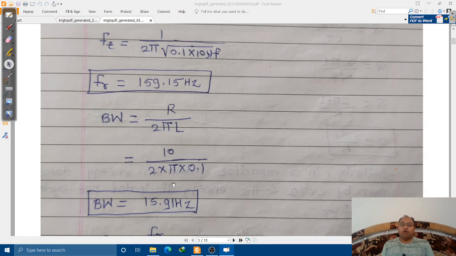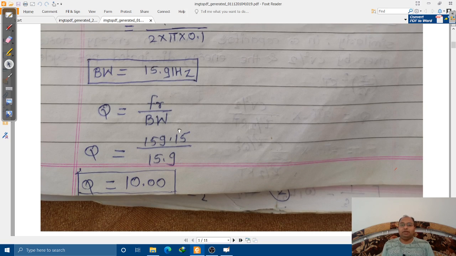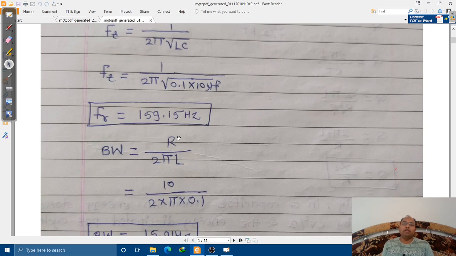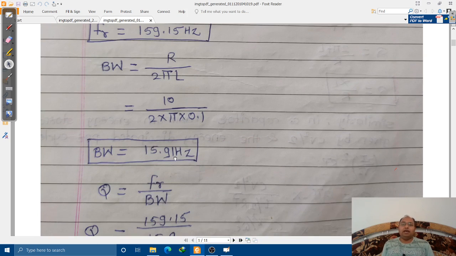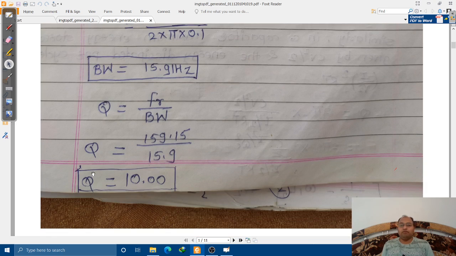Right now we have computed FR and bandwidth. Now let us take the ratio of these two, then we can get the value of quality factor Q. Q is equal to FR upon bandwidth. FR is 159.15 Hertz and bandwidth is 15.91 Hertz. If I take the ratio, I will get the value of quality factor Q as 10.